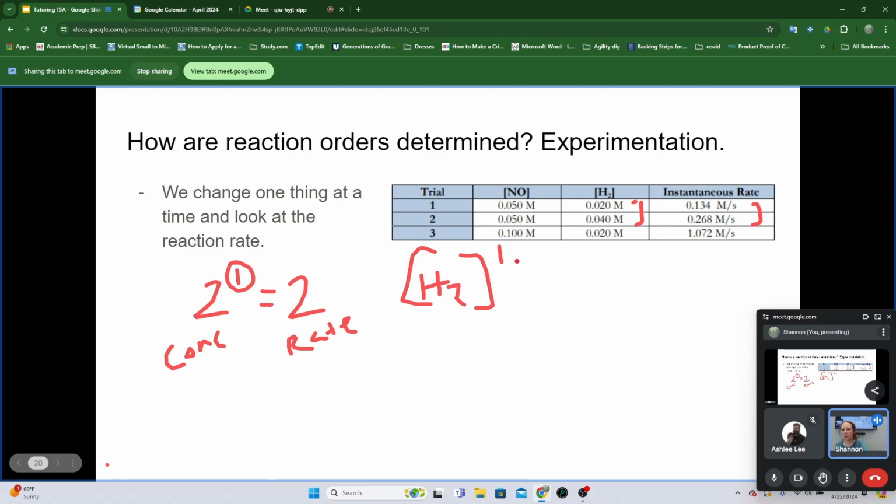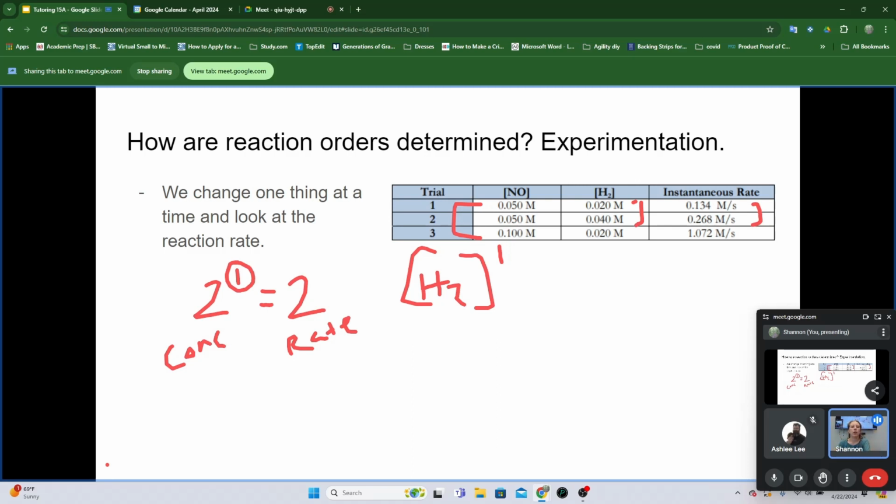Okay, so let's do the other one. Now we're looking at trial 1 and 3, because this is the important thing. How you pick which trials is you look at the trials where one thing doesn't change and one thing does. They might not be in this perfect 1 and 2, then 1 and 3 situation. They might be different.